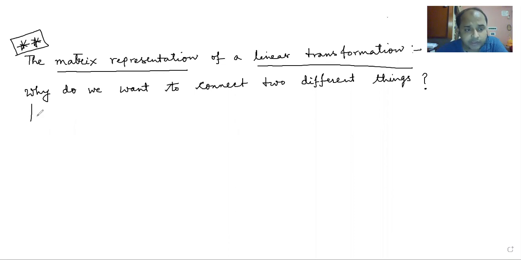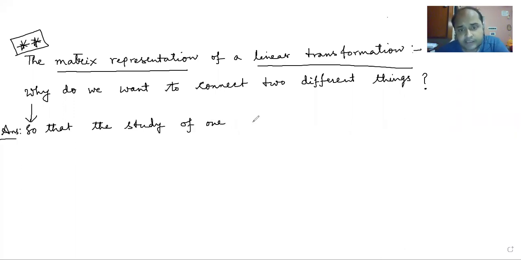The answer to the given question is that the study of one reveals some characteristics of the other.